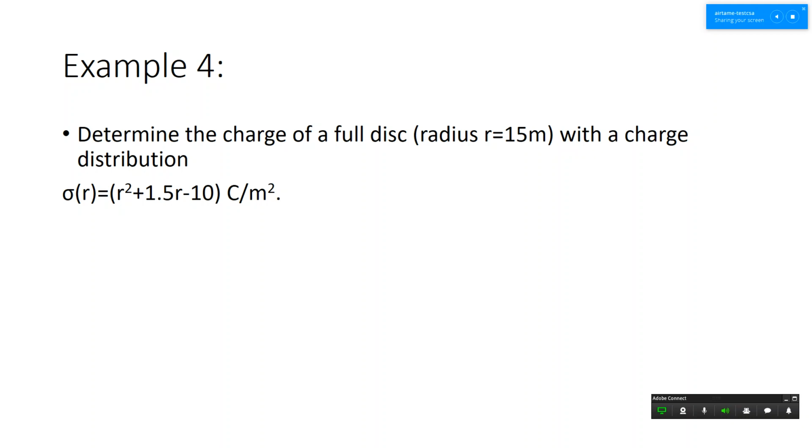So the first step of this whole thing is to set up some small charge dq. What we need to know is that charge is going to be equal to sigma times area. This is the very basis of this.